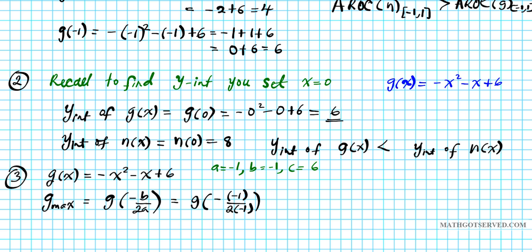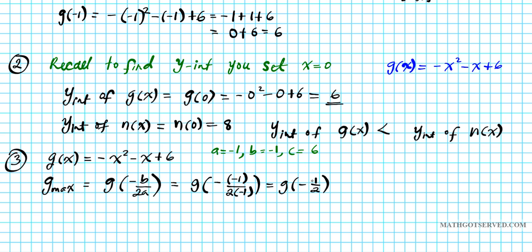All right, so what do we have here? Negative b over 2a, we have g of, minus over minus is plus, so these two become a plus, so we have negative 1 over 2. Okay, g of negative 1/2 is what you get when you input negative 1/2 into the function. All right, so that's the function right there, g of x.